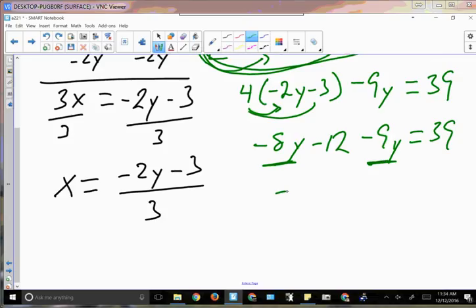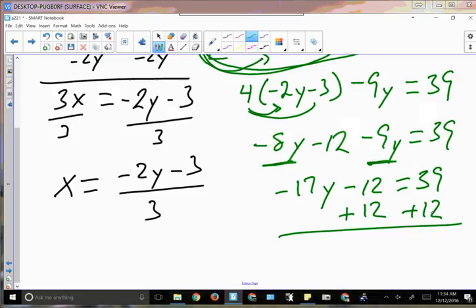So that's going to be negative 17y minus 12 is equal to 39. Plus 12, plus 12, negative 17y is going to be equal to what? Oh, that looks like 51. This is already looking ugly, isn't it?